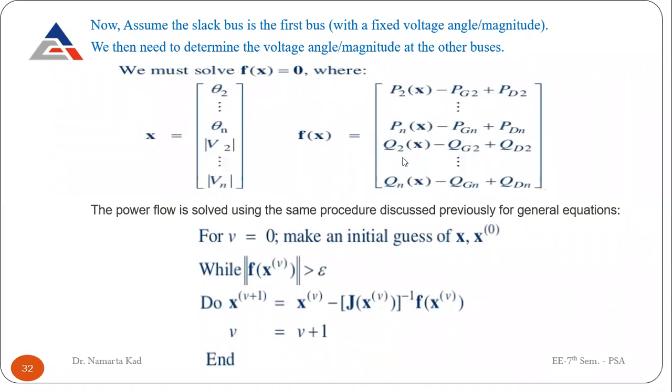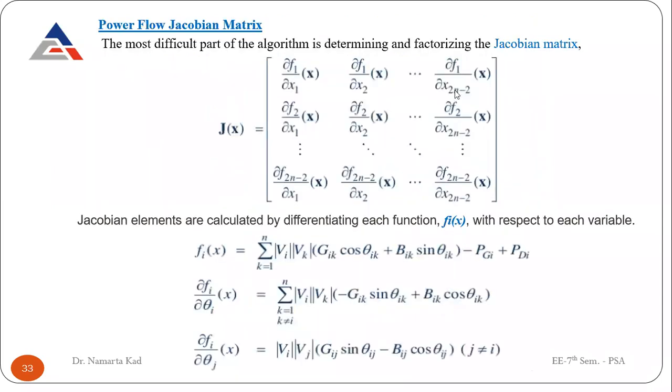But here, the real and reactive power equations for the slack bus are missing. So that's why it comes out to be 2n minus 2. The two equations for the slack bus we do not have to calculate.